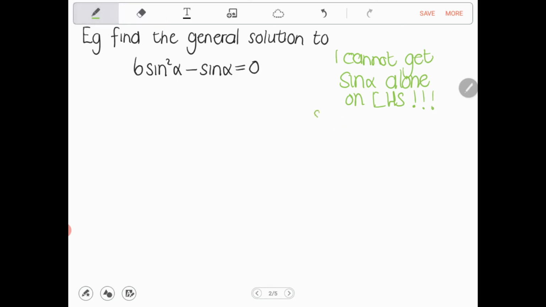Okay, so if you can't get one term alone on the one side and another term on the other, you make everything equal to 0.